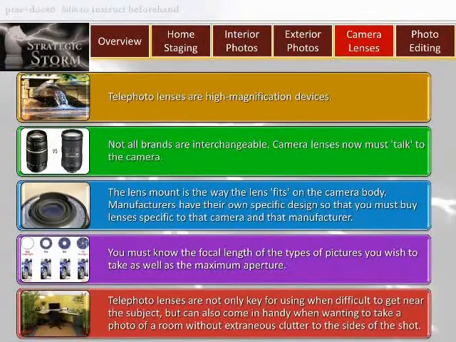Telephoto lenses are not only key for using when difficult to get near the subject, but also come in handy when wanting to take a photo of a room without extraneous clutter to the sides of the shot. It does not matter if you're looking for the best Nikon telephoto lens or telephoto lenses for Canon Rebel cameras.